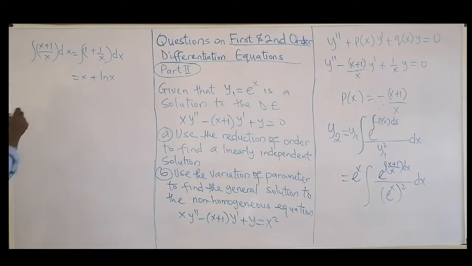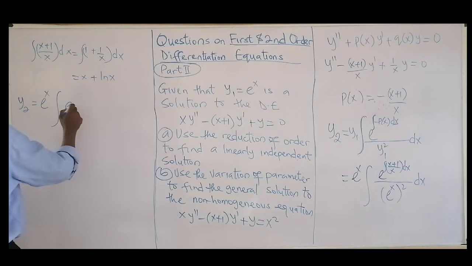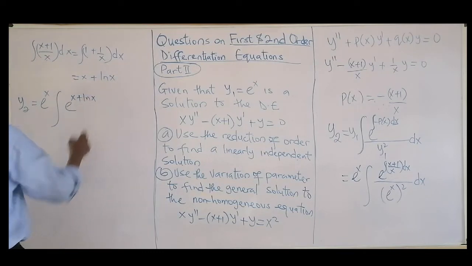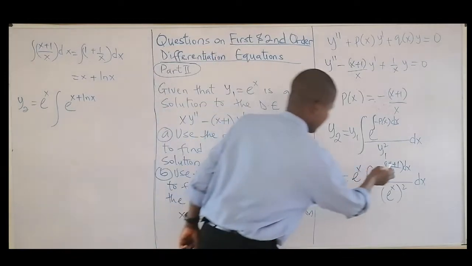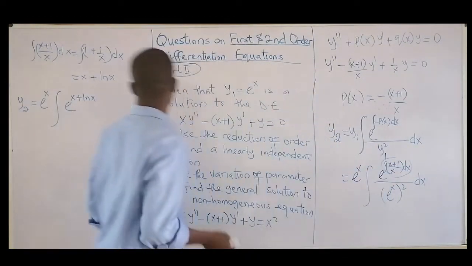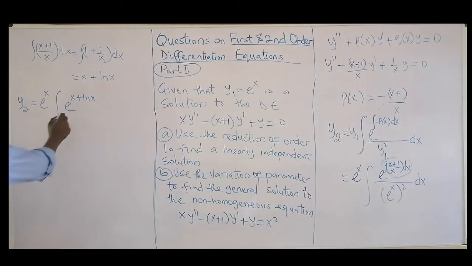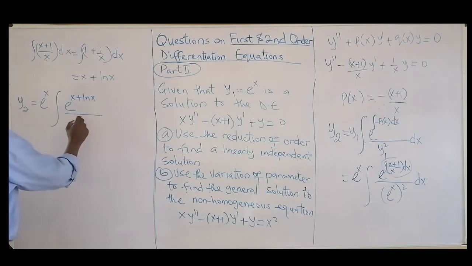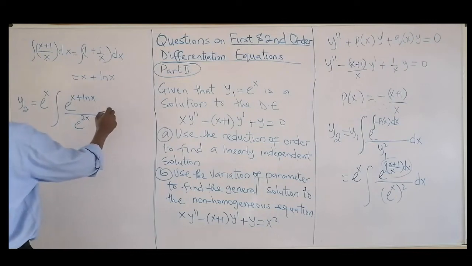Then we now have y2 equal to e to the x times the integral of e to the x plus ln x, all over e to the 2x, dx.